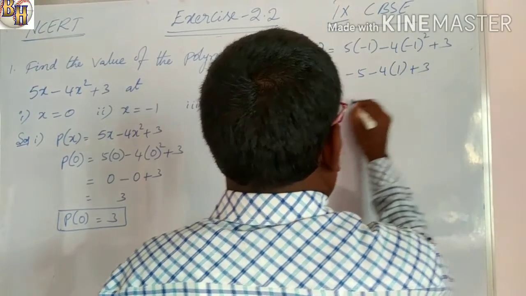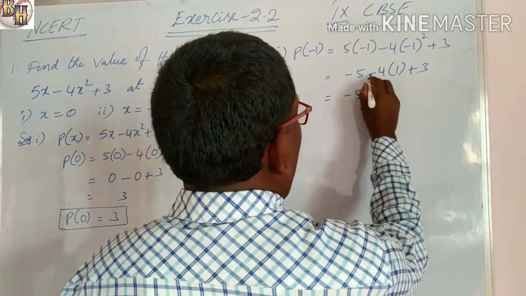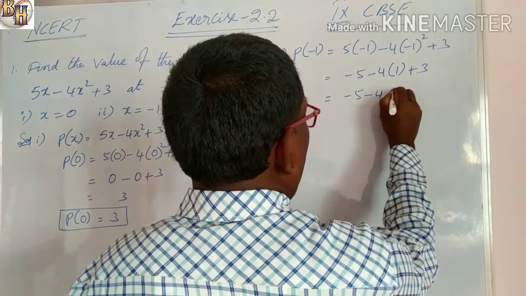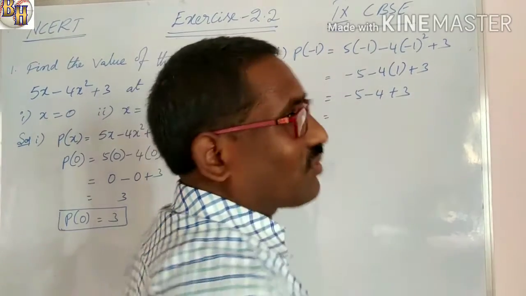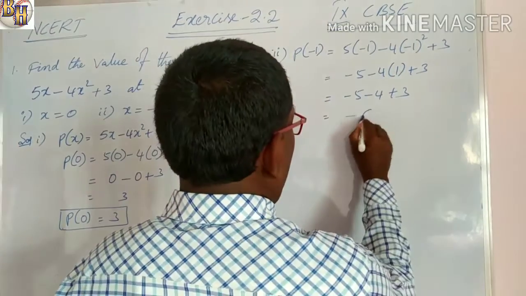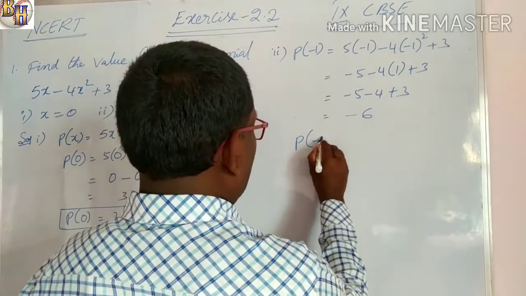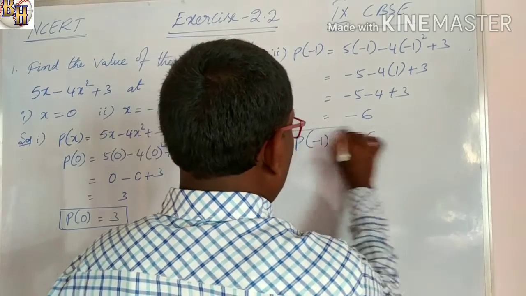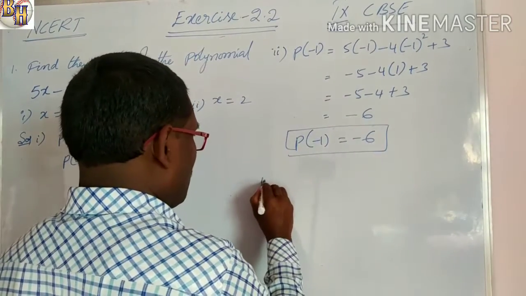Minus 4 into 1 is minus 4, plus 3. Minus 5 minus 4, how much? Minus 9. Minus 9 plus 3 is minus 6. So therefore P of minus 1 is equal to minus 6. That's the third question.